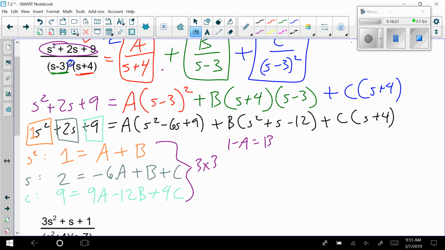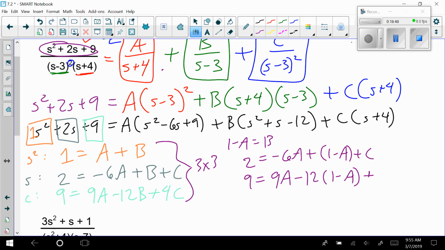Then I can take that and plug it into the others. So if I did that, I would have 2 equals negative 6a plus 1 minus a plus c. And my other one, I would have 9 equals 9a minus 12 times 1 minus a plus 4c.